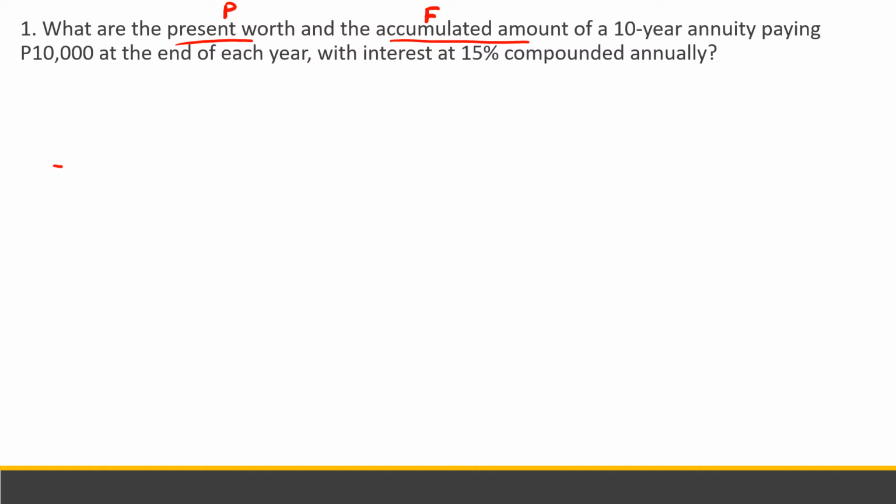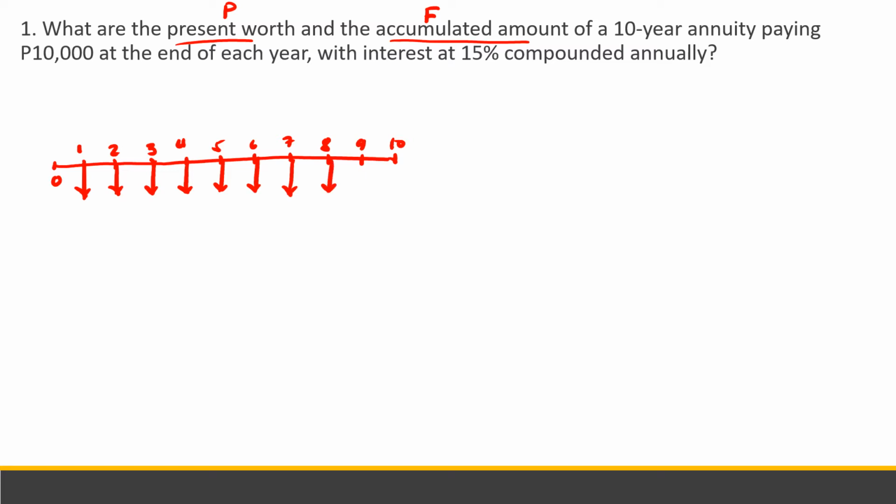We'll first draw our diagram: 0, 1, 2, 3, 4, 5, up to 10. At the end of each year, meron siyang payment na 10,000. So this is 10K each year.